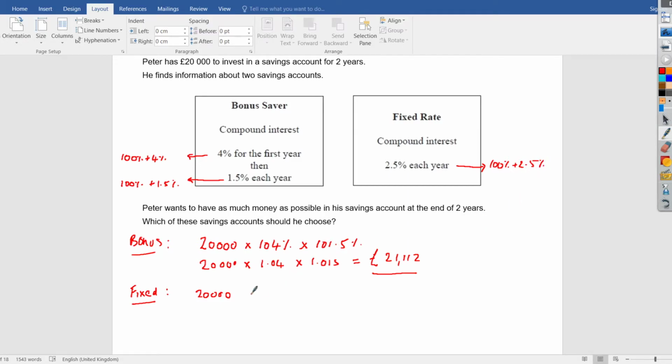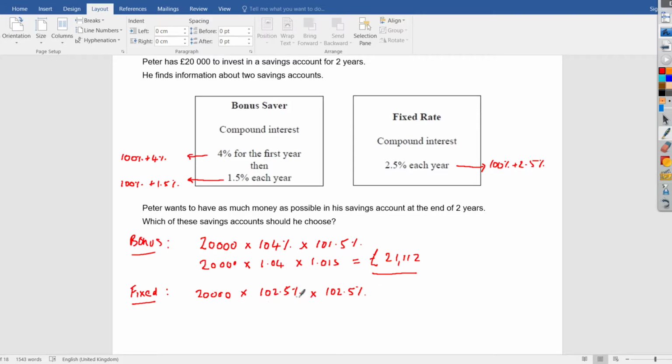So that's going to be multiplied by 102.5% for the first year, then times it by 102.5% for the second year.